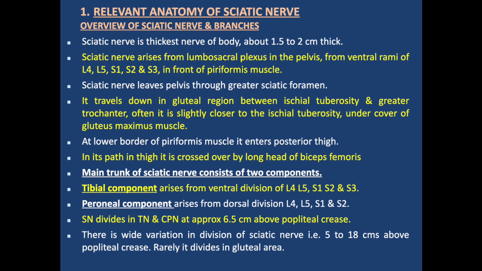The peroneal component arises from the dorsal division of ventral rami, lumbar 4, lumbar 5, sacral 1, and sacral 2 nerves. Sciatic nerve divides into tibial nerve and common peroneal nerve at approximately 6.5 cm above the popliteal crease. There is wide variation in division of sciatic nerve, that is 5 cm to 18 cm above the popliteal crease. Rarely it divides in the gluteal region.